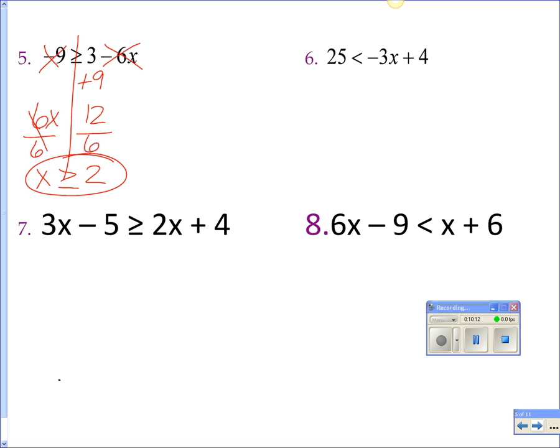Number 6. 25 is less than negative 3x plus 4. All right, Andrew, you're up.